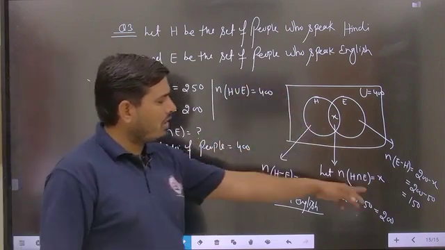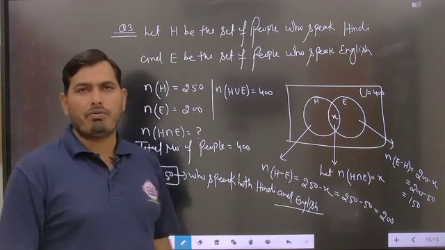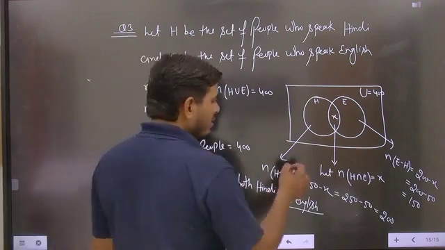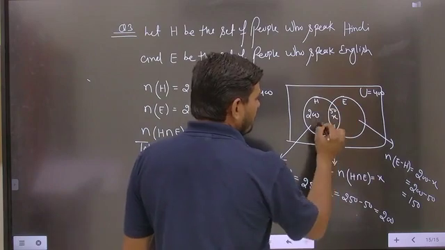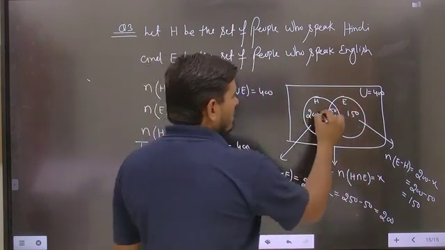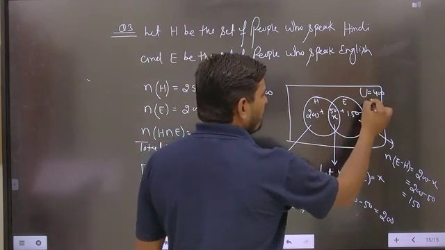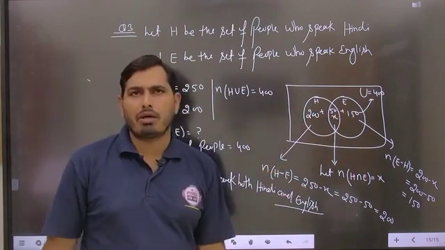Only English is 150, only Hindi is 200, and both Hindi and English is 50. If we arrange the data, it will be 200, this part has 50, and this part is 150. Now you can check whether the sum of all these parts is 400. Definitely, student, the sum of all these parts is 400.